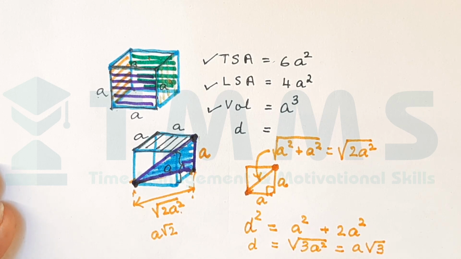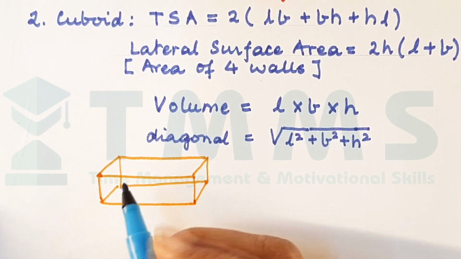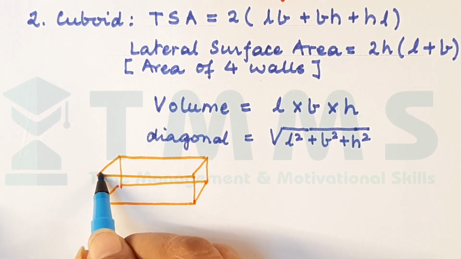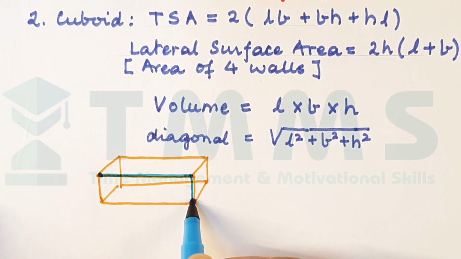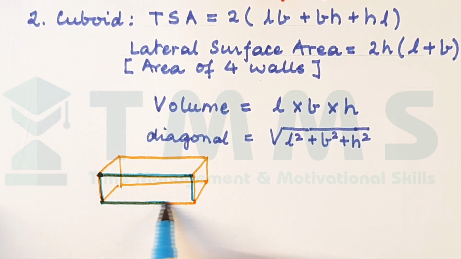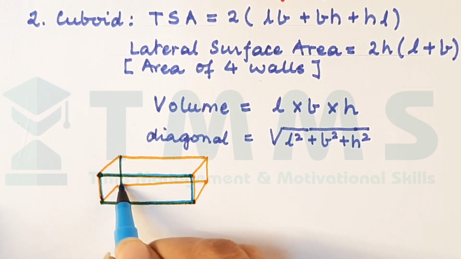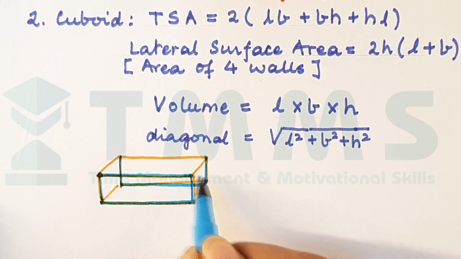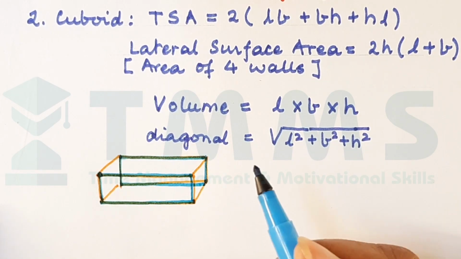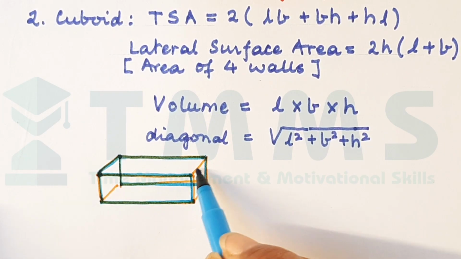Let us look at the cuboid now. So what is a cuboid? The cuboid will have a rectangular surface and another rectangular surface. This is how we draw the cuboid, and then join these edges.